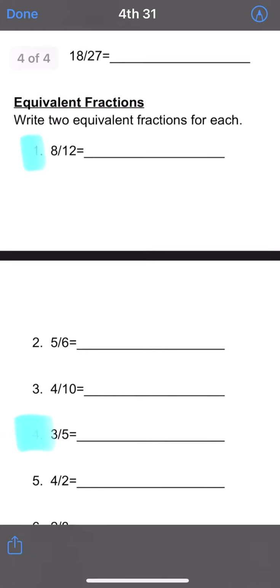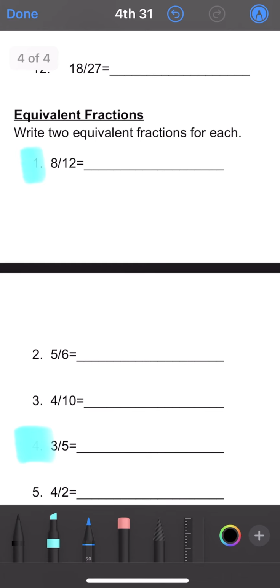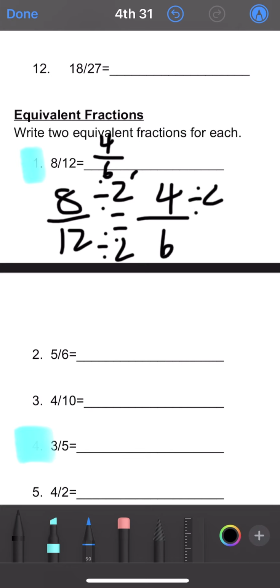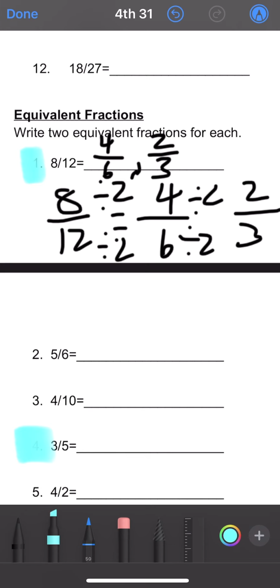So going back to number 1, we're doing 8 over 12. And we want to write this in 2 different forms. So we can simplify this by dividing by 2 and getting 4 over 6. So that's 1. And we can simplify this further by dividing by 2 again. And we get 2 over 3, which is another form. So these are our 2 answers.